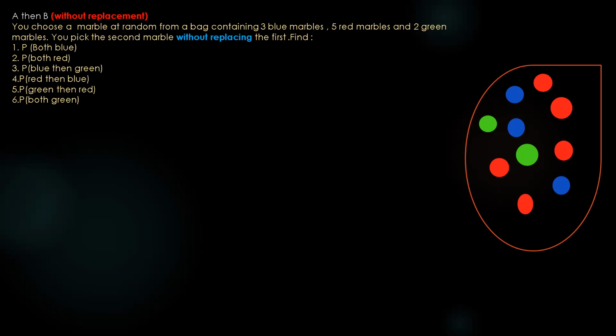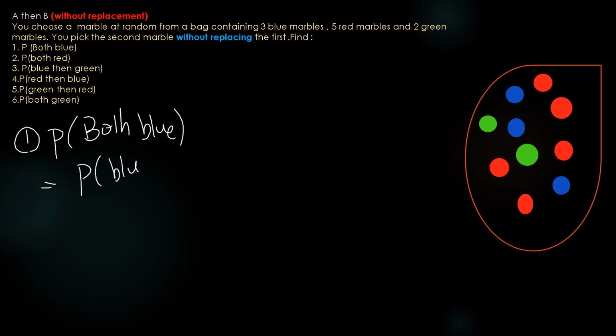I want now to take or select 2 marbles from the bag. Now, what is the probability that both of them are blue? So let's start with the first one, both blue. Both blue means it is the probability of blue times the probability of blue after the first blue.